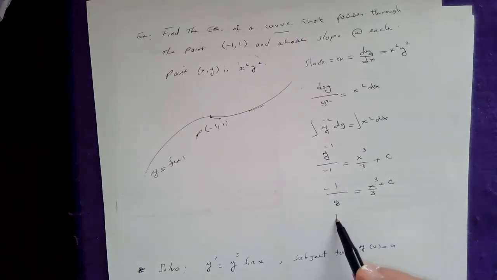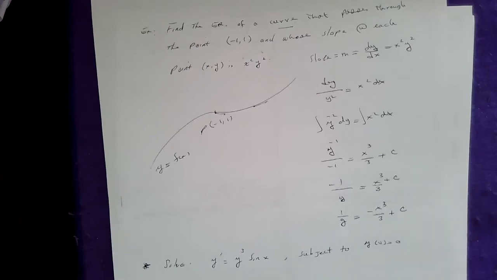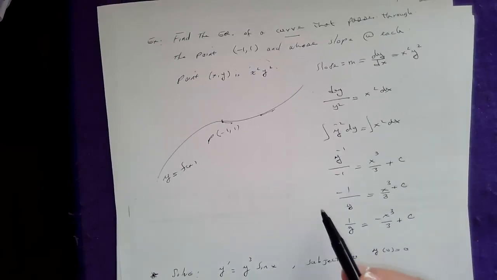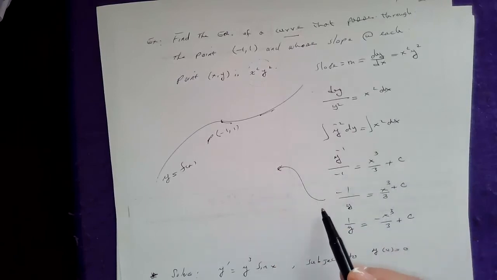Then you multiply both sides by negative 1, you get 1 over y equals negative x cubed over 3 plus c. It would be nice if you find out what c is at this point.